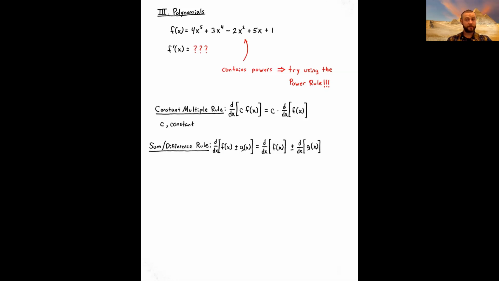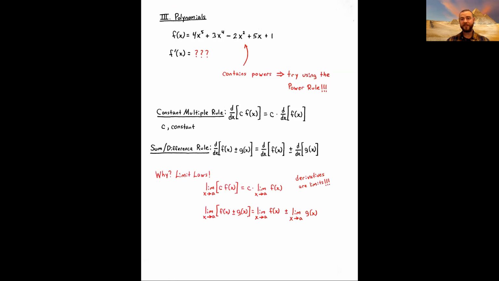Now, these might look familiar. Keep in mind a question we posed a while ago: what is a derivative? And we had three answers: slope of a tangent line, an instantaneous rate of change, or a limit. Now I want you to think from the third response, think of a derivative as a limit. Well, these pretty much look like limit laws.